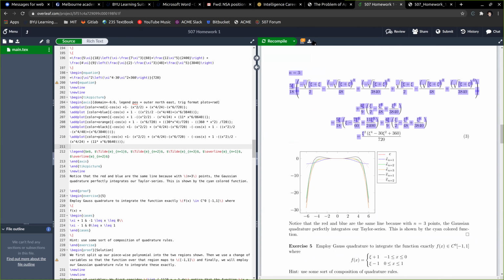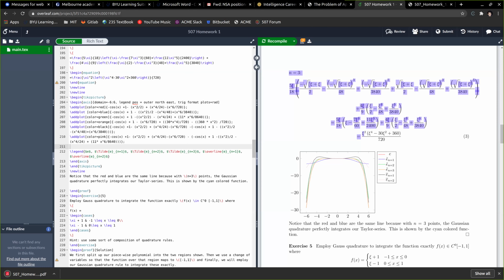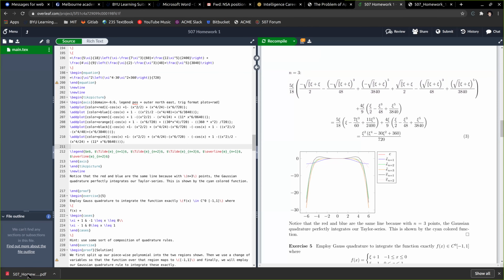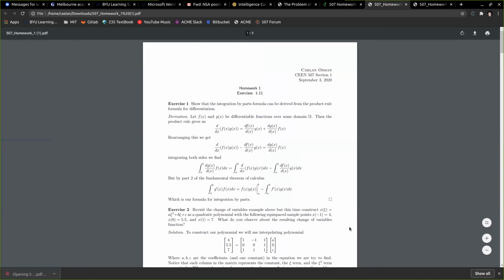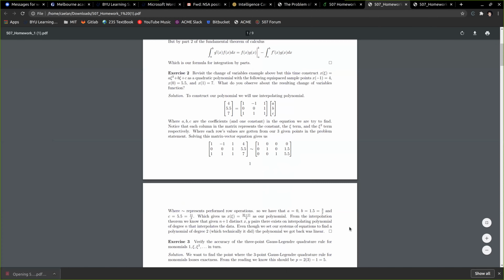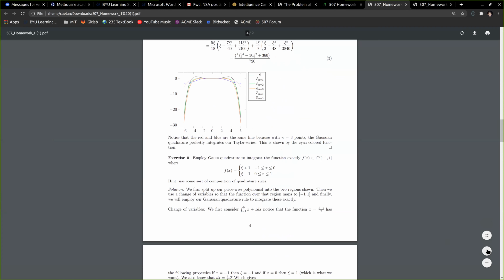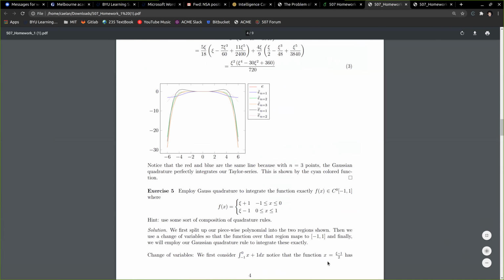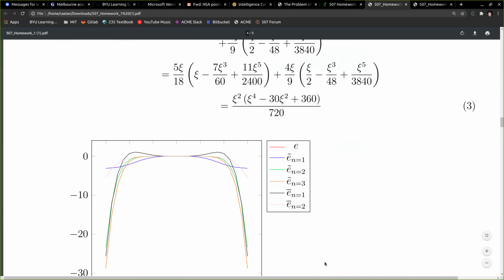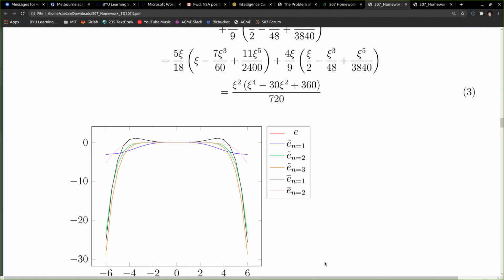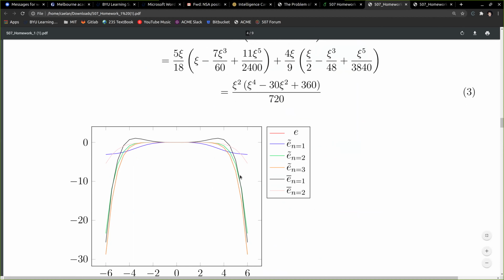But let me see if I can open this up, make it better to see. The PDF, you should just, there's that plus sign there in the bottom right. So I'm still not seeing the red for some reason. Unless this is the red, but it looks more orange to me.